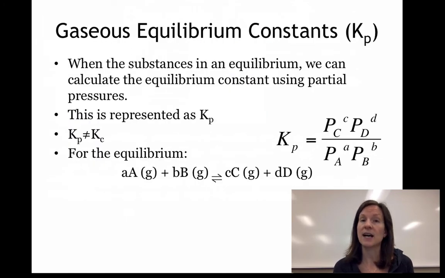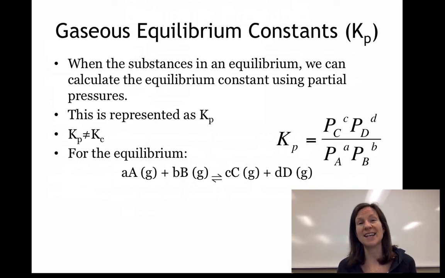The last equilibrium constant that we're going to look at in this unit is for pressure. So we talked about how for Le Chatelier, both concentration and pressures affect equilibrium. Well, so then you can calculate equilibrium constants with pressures instead of concentrations. Now, these equilibrium constants are not equal. The equilibrium constant based on concentration is not the same value as the equilibrium constant for pressure.